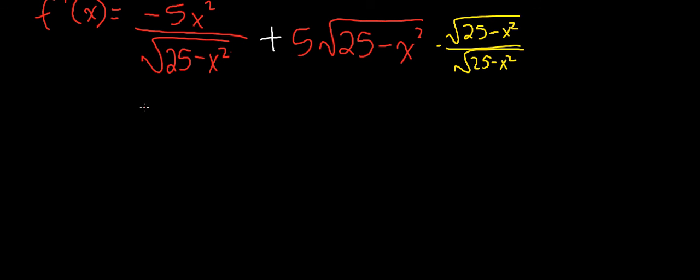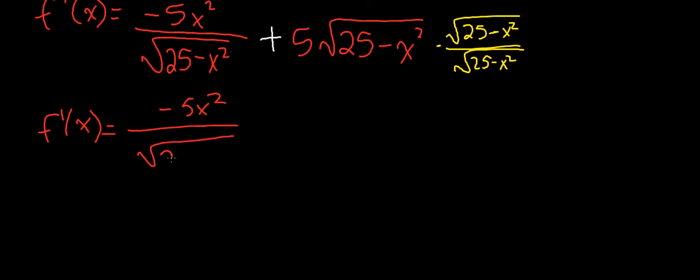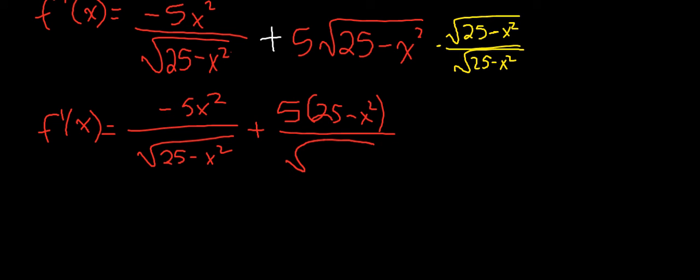So I'm going to get that f prime of x is going to equal negative 5x squared over the square root of 25 minus x squared. And we're going to add it. The square root of 25 minus x squared times the square root of 25 minus x squared is simply just 5 times 25 minus x squared, over the square root of 25 minus x squared.